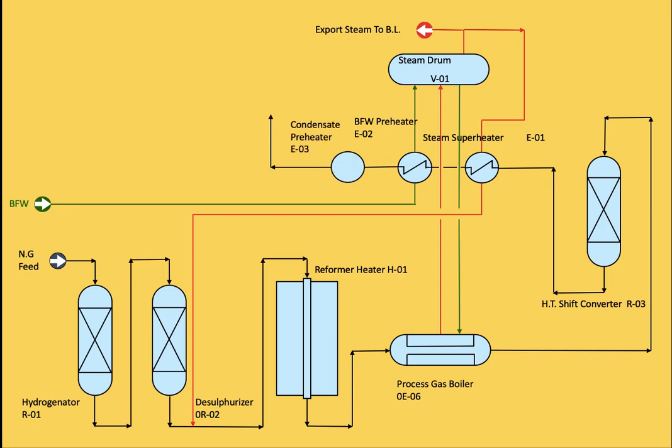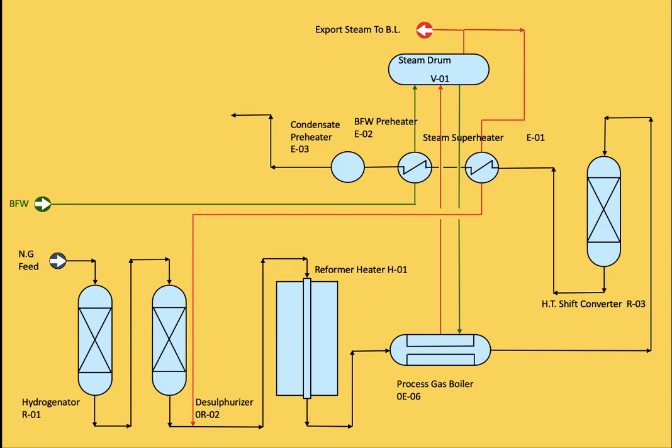This stream continues, and we need to increase the conversion. We go to the shift converter here. The shift converter will reduce the methane slip, and convert the CO in the presence of H2O into more hydrogen and CO2. The shift reaction is CO plus H2O giving more hydrogen and CO2.